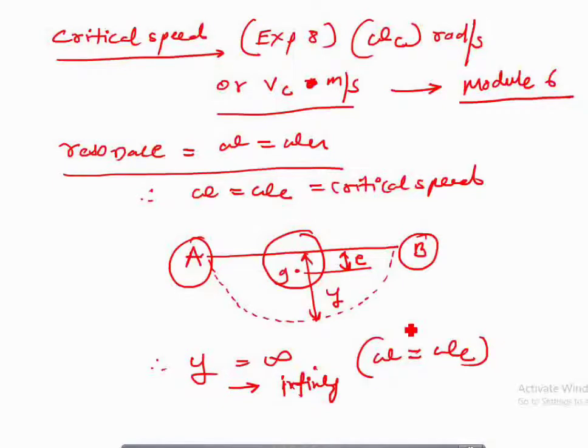So the critical speed is the speed at which the shaft deflection becomes infinity or approaches infinity, and the speed at which resonance occurs is called the critical speed of the shaft. Okay. Now I have already explained to you also that at this speed, which speed?